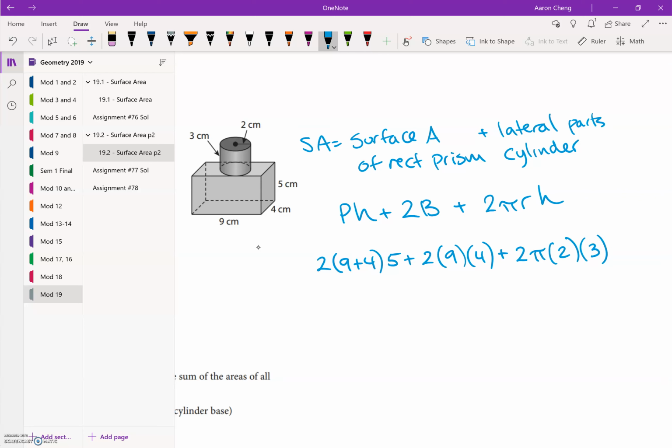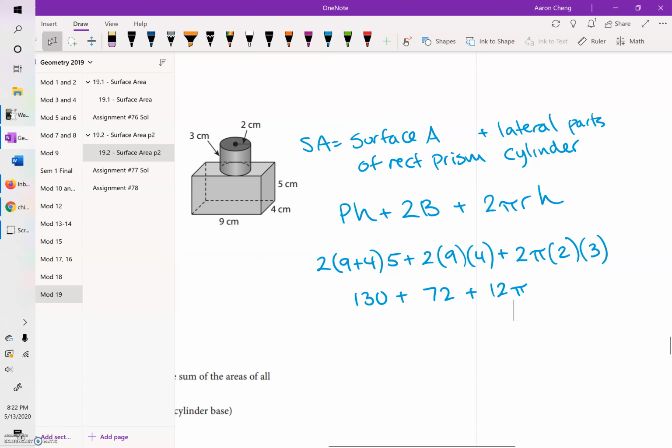So 9 plus 4 is 13, times 10 is 130. 8 times 9 is 72. And 4 times 3 is 12 pi.